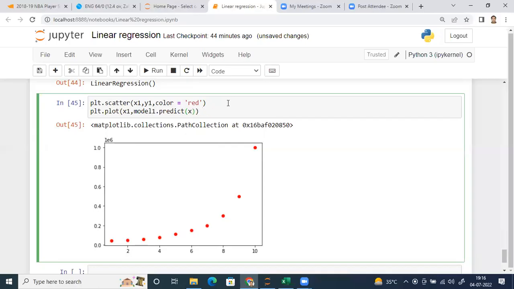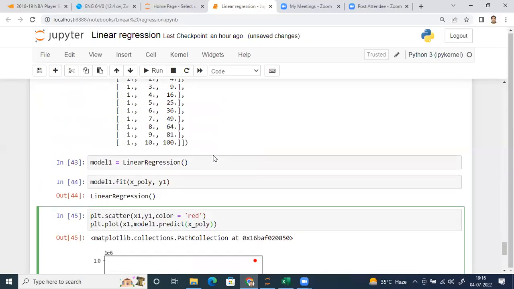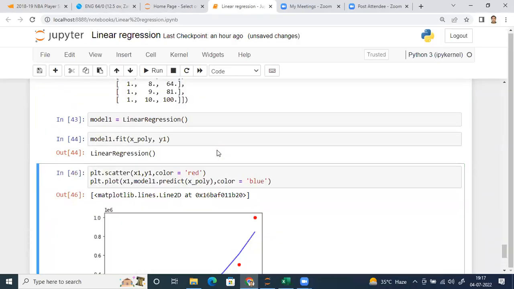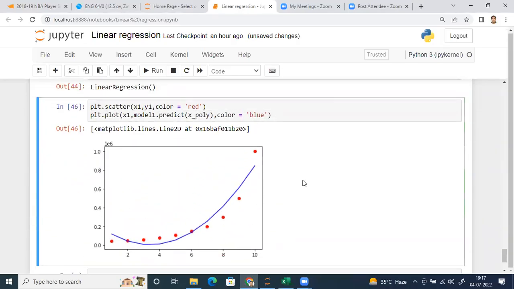Sorry, x underscore poly, as we have passed inside, and let me make it color equals blue. Can you check, everyone? Please check. Yes, sir.